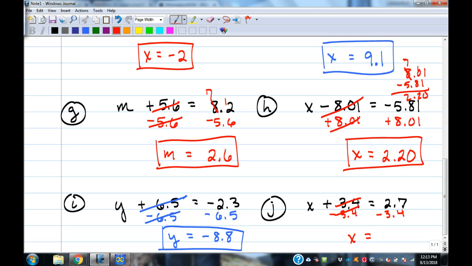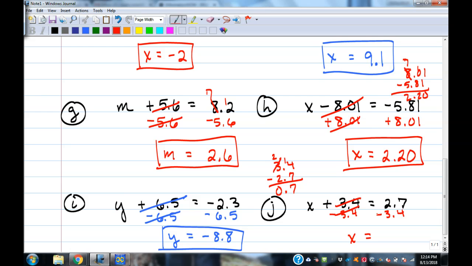When I'm subtracting this, I've got opposite signs, so I'm going to subtract 3.4 minus 2.7, and my answer is going to be negative because 3.4 is bigger. If you subtract those, 3.4 minus 2.7, you have to borrow 1. That makes that a 2, and that's 14 minus 7 is 7. 2 minus 2 is 0.